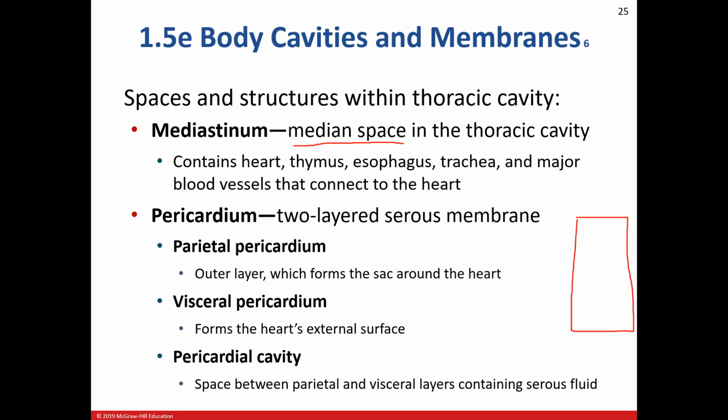All right, another body cavity is the pericardium. Cardium, I want you to think of heart, cardiovascular. Again, the pericardium is a two-layered serous membrane. The layer that is on the outside of the heart actually makes the external surface of the heart. That's the visceral. Remember, the heart is viscera. It's an organ. That's the visceral pericardium.